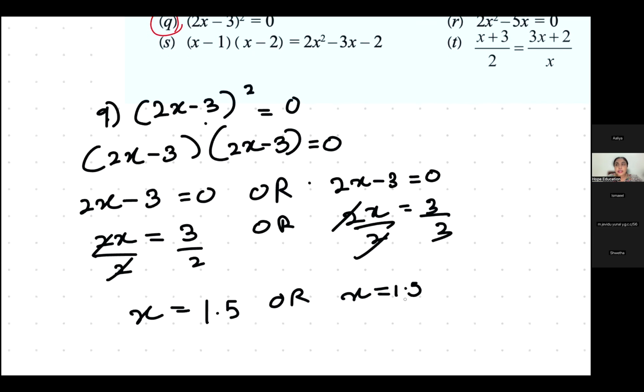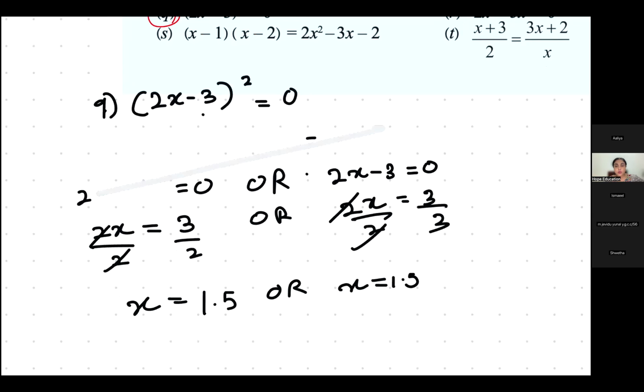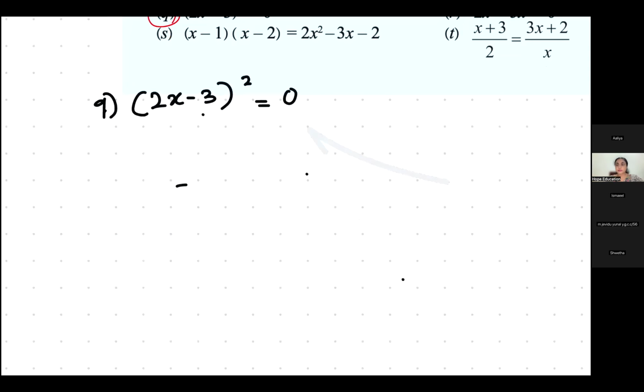So here we are getting the same answer, the same answer comes out. So instead of doing it this way, because it's a square, we can do something like this. What we're doing is I'm going to move this square to the other side.